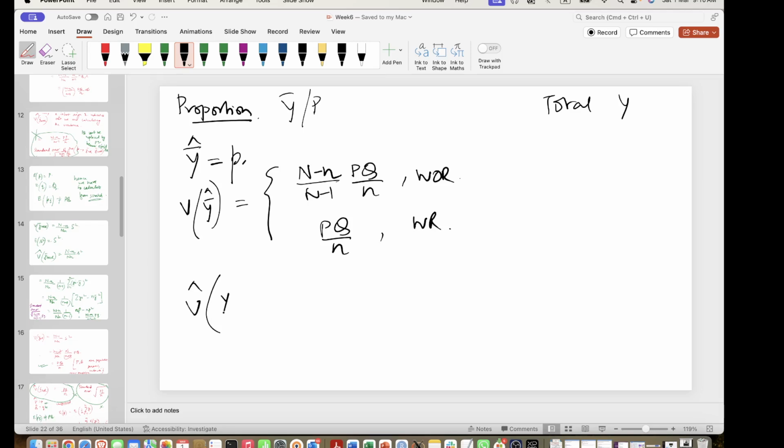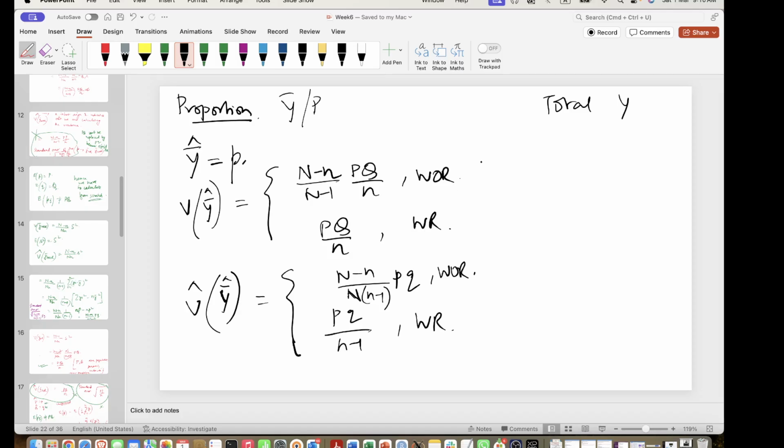And variance hat of y bar hat is equal to pq by n minus 1 when sampling with replacement, and N minus n by capital N into small n minus 1 into small p small q if we have WOR. And y total is actually N into small p.